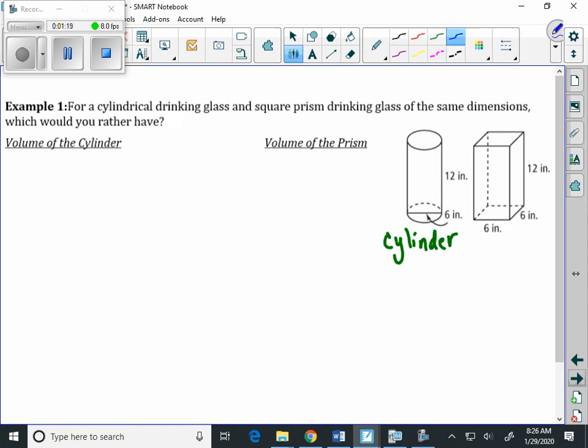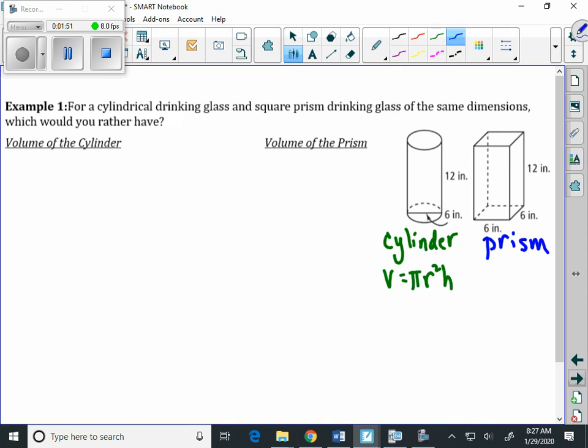And over here to the right, this is actually a rectangular prism, or actually it could even be considered a square prism. But in all cylinders, the base is a circle, and the formula for the area of a circle is pi times r squared. That's why in this particular formula, it's pi r squared h.